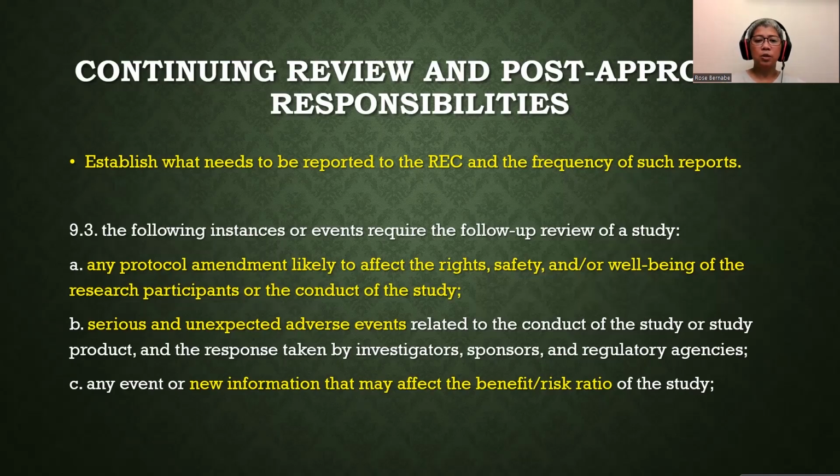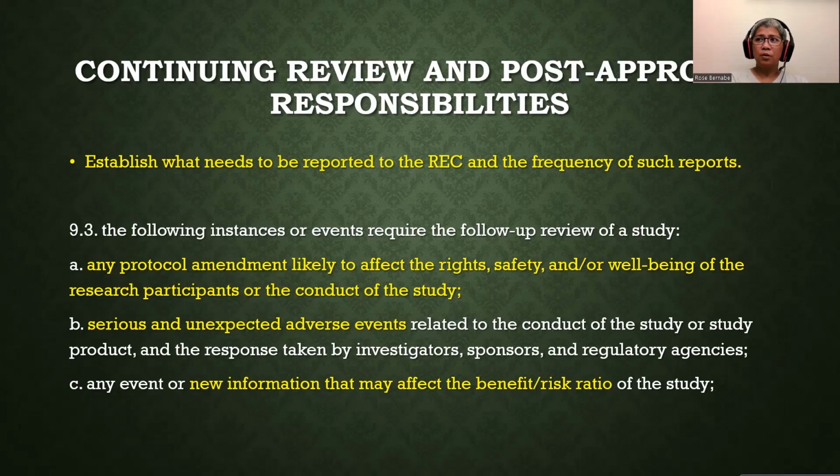And this could be reports on protocol amendments that affect the rights, safety, or well-being of the research participants, or serious and unexpected adverse events, which usually should come with protocols on what should happen next, right? And any event or any new information that may affect the benefit-risk ratio of the study.